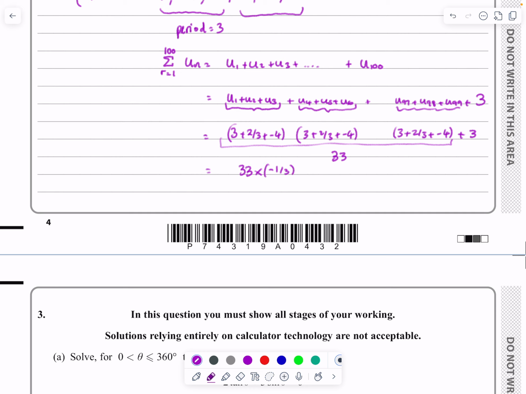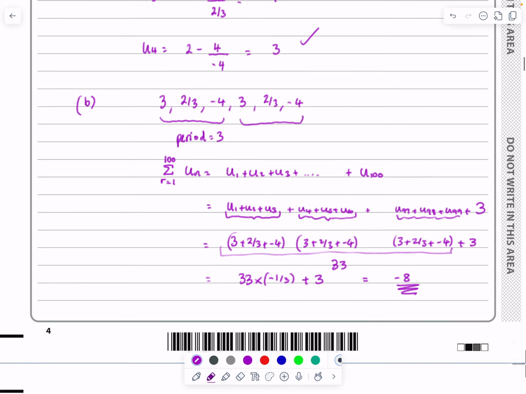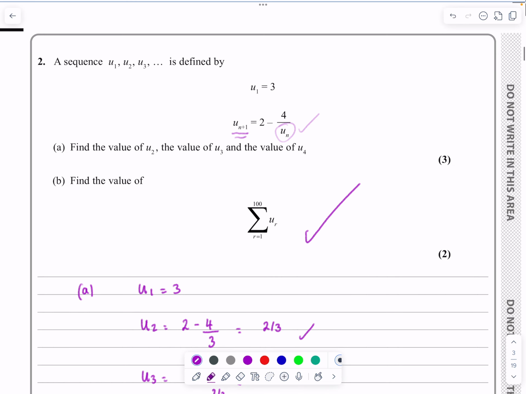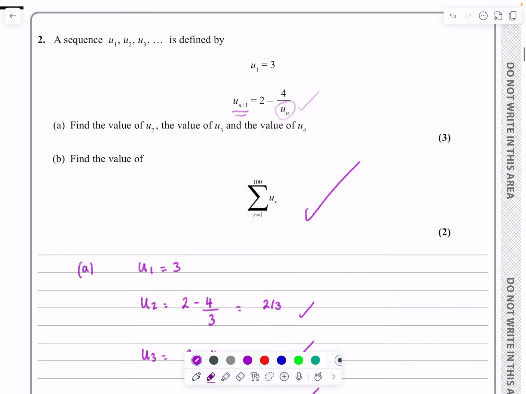So it's 33 lots of minus 1/3, and then plus that final 3 at the end. If you calculate all that, it all works out to be minus 11 plus 3. So that works out to be minus 8 as the sum of those 100 terms. Okay, yep, hopefully that one makes sense to everybody.